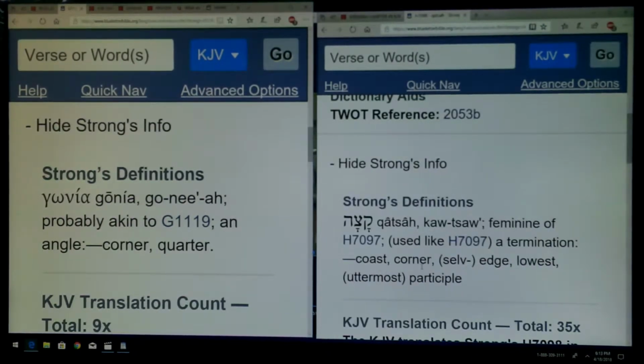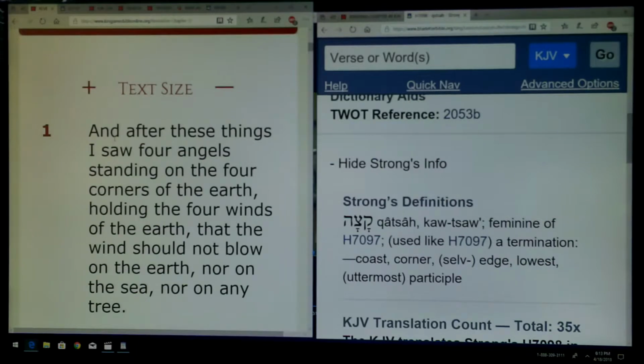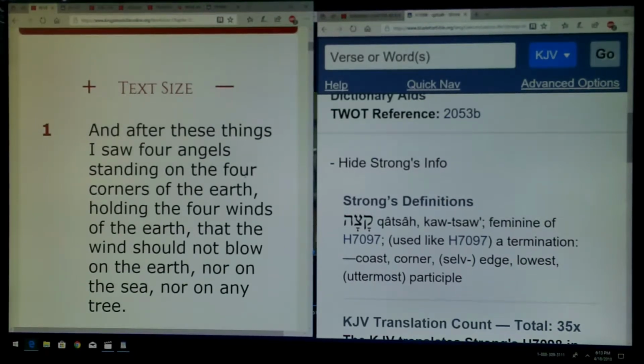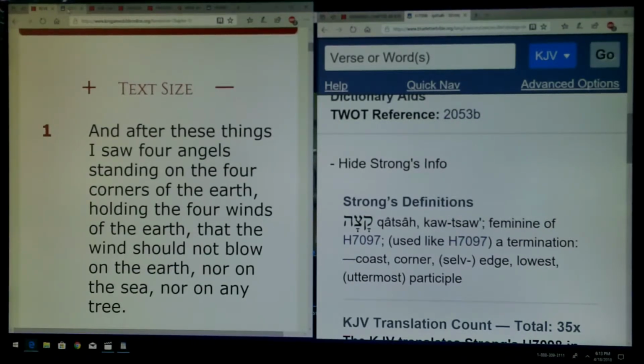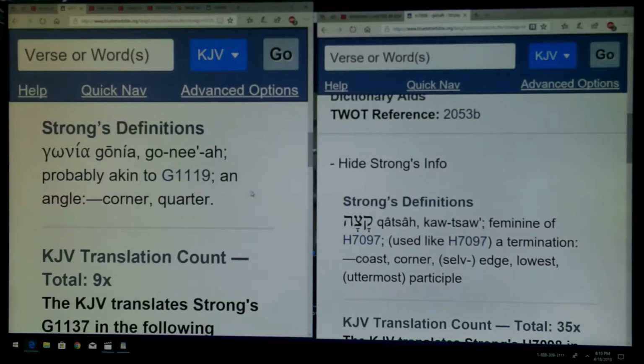From the coast, the corner, the edge. This is a real thing. It is a physical thing. And over here: and after these things, I saw four angels standing on the four corners. So that's four angles. Is that right? So let me see. Four corners. An angle. Corner, quarters. Okay?